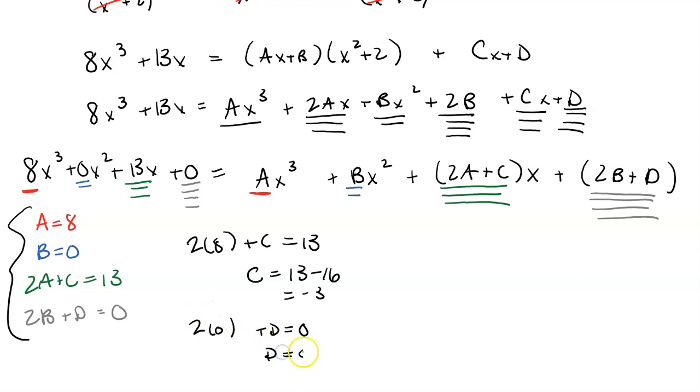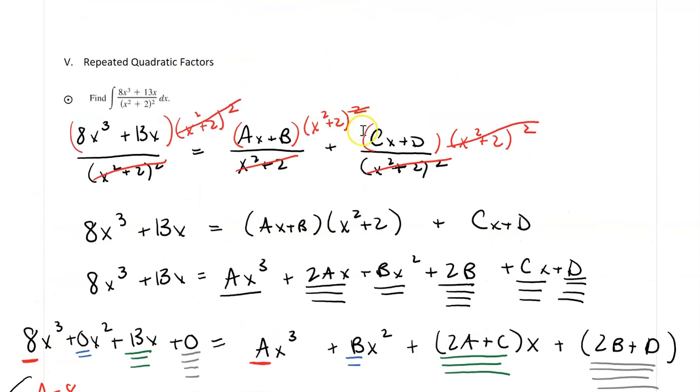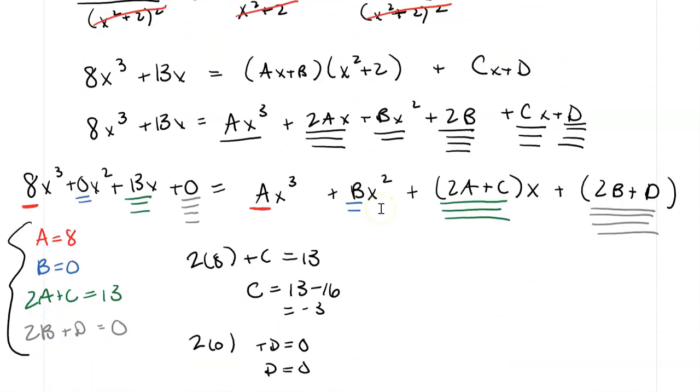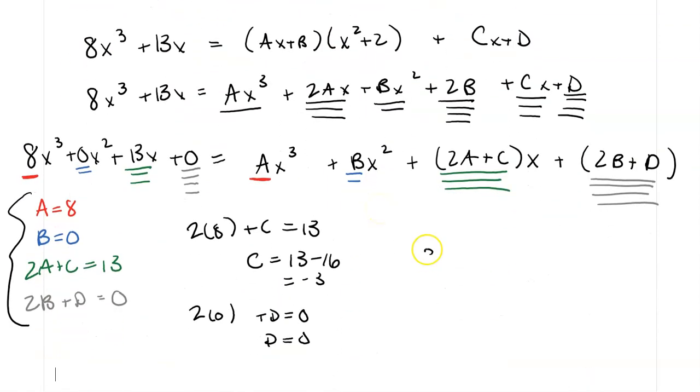So I actually get D equals 0. So my decomposition, going back up to the original setup, Ax plus B is going to be 8x plus 0 over x squared plus 2. And then we're going to have plus Cx plus D, which will be -3x plus 0 over (x squared plus 2) squared.